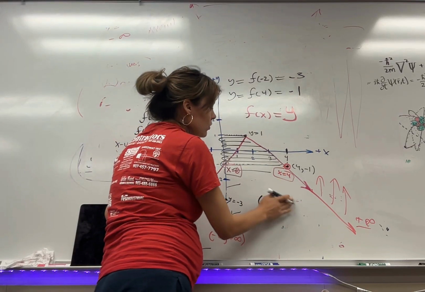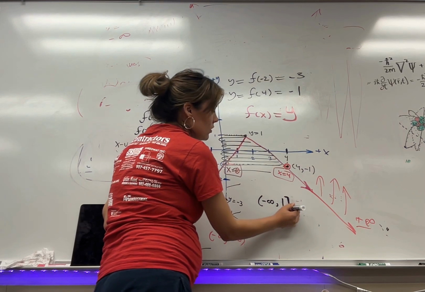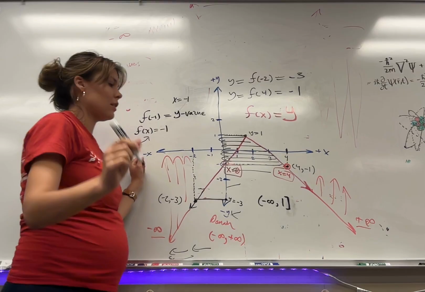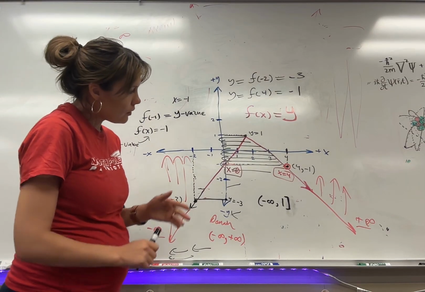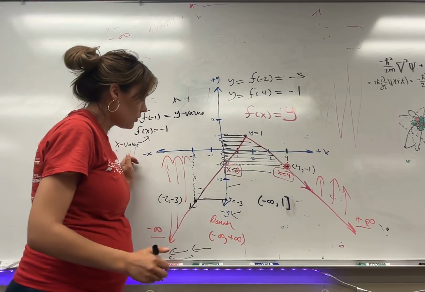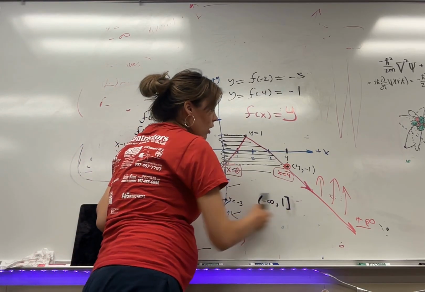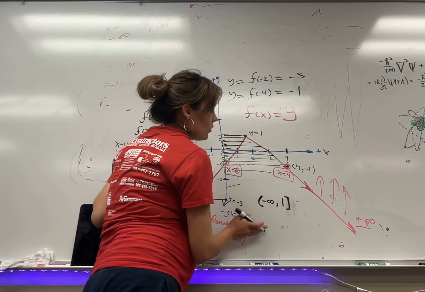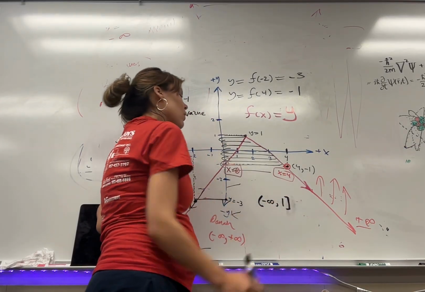Again, if we are including the endpoint, which we do in this case, we use a square bracket. Let me know if you have questions about that, or what video you could watch to help you understand that. But we don't include the endpoint negative infinity. We're going down to negative infinity, and we're going up to and including, that's why we use the square bracket, positive 1.